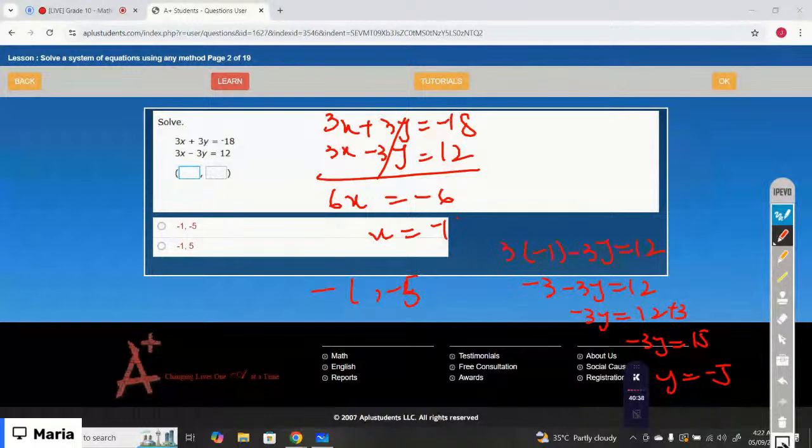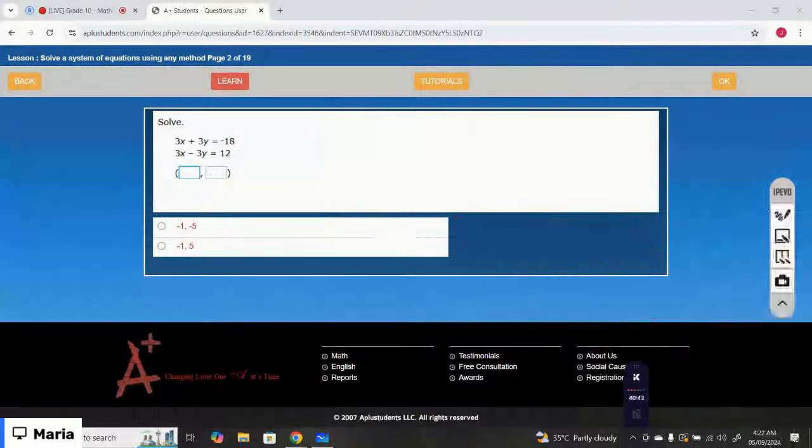Okay, so the correct option is negative 1 and negative 5, right?